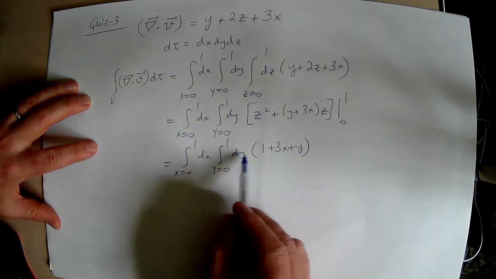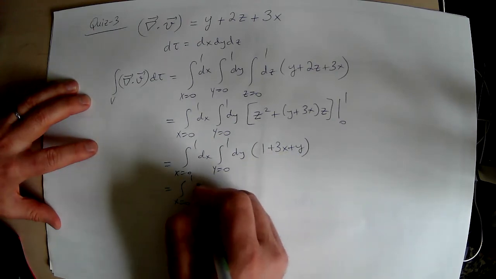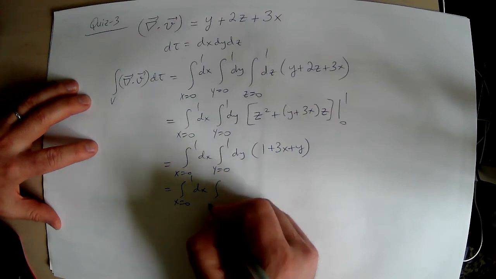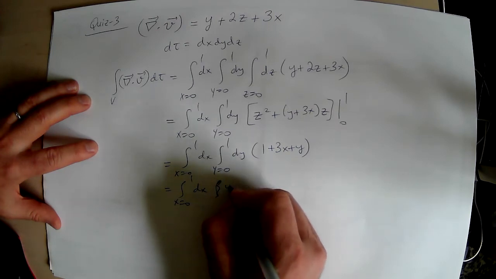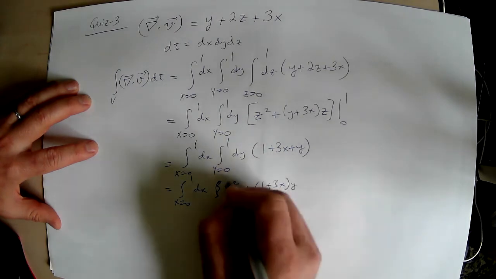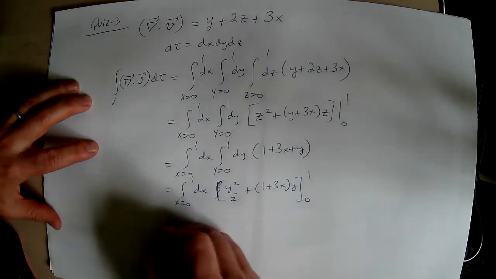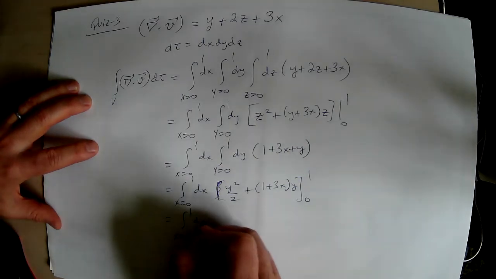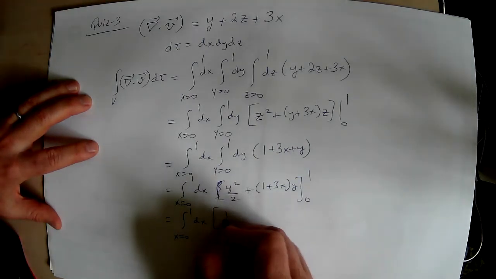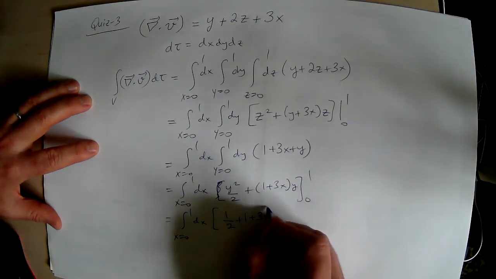Now I'm going to do the y integral, same deal. X is 0 to 1 dx, so this is going to be y squared over 2 plus 1 plus 3x y, all evaluated 0 to 1. X 0 to 1 dx, so this is 1/2, this is 1 plus 3x.